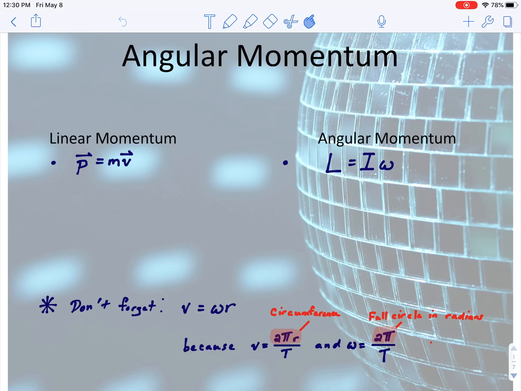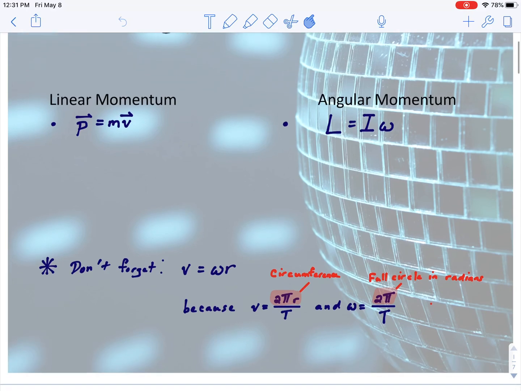Therefore, if we take 2 pi radians, divide by the period, and then multiply by the radius, we get the same formula for the linear velocity. This formula is not on your AP formula sheet, and since you get to make your own this year, I strongly encourage you to add that to your arsenal.